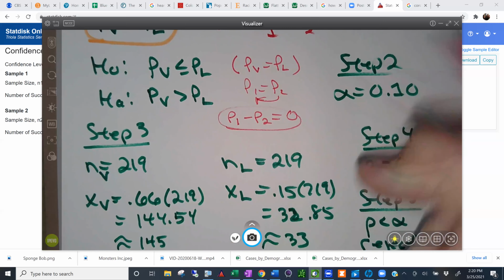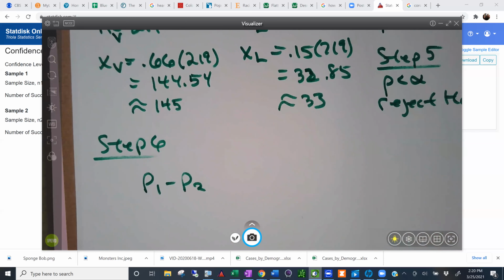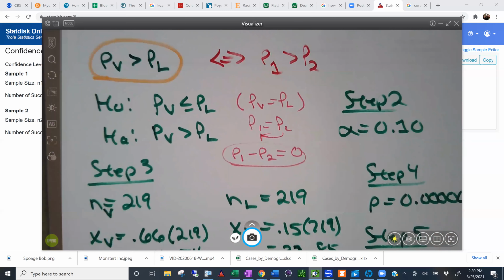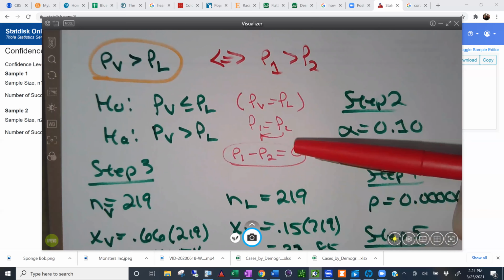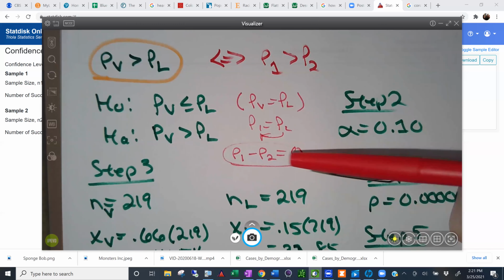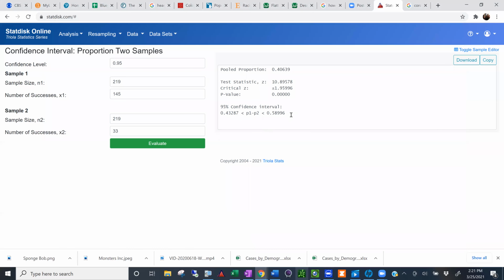So if the null hypothesis is true, then one of the values in your confidence interval should be 0. That should be possible if you're failing to reject the null hypothesis, then this should be one of the values from your confidence interval for P1 minus P2. Let's look at our confidence interval. Does this confidence interval contain 0? No, 0 is not in it.